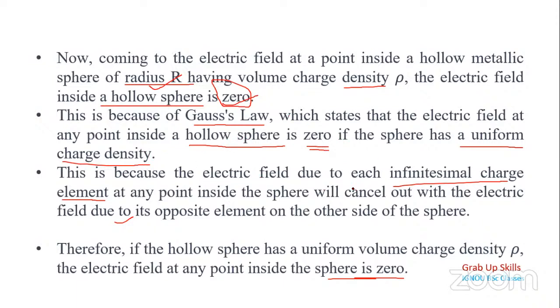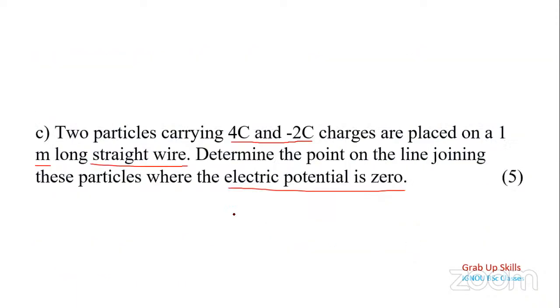It is because the electric field due to an infinitesimal charge element at any point inside the sphere will cancel out with the electric field due to its opposite element. And therefore, if there is a hollow sphere which has a uniform charge density, the electric field would be equal to 0. So moving on to the next question.